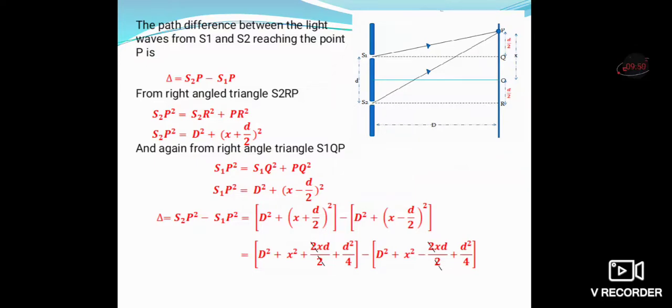The 2 cancels in both, and we get S2P square minus S1P square equals d square plus x square plus xd plus d square by 4 minus d square minus x square plus xd minus d square by 4. So plus d square minus d square, plus x square minus x square, and plus d square by 4 minus d square by 4 get cancelled.